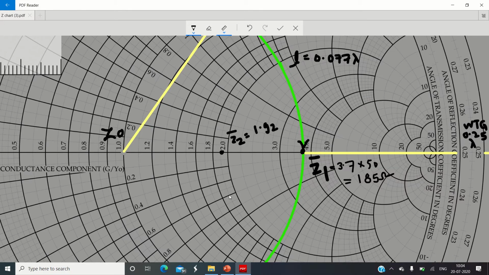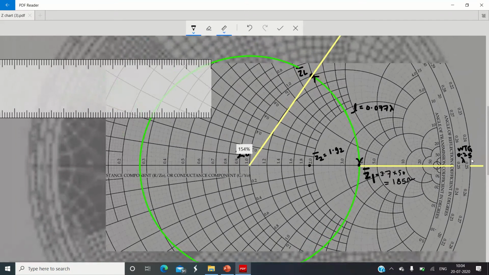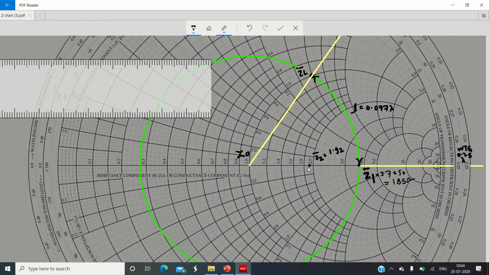The WTG is 0.25 at this point. If you add 0.25 lambda plus 0.25 lambda, you will get 0.5 lambda. Where is 0.5 lambda located? Over here on the left hand side real axis. 0 lambda and 0.5 lambda are one and the same, representing the same point.